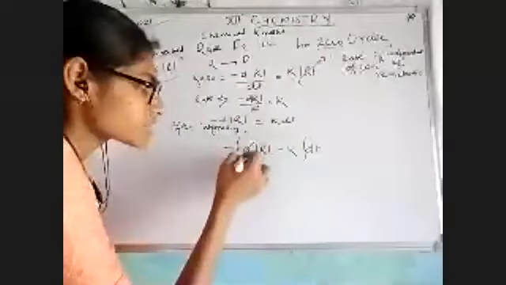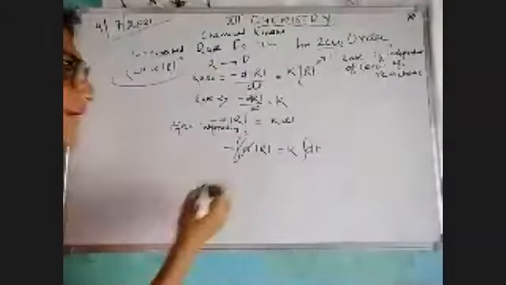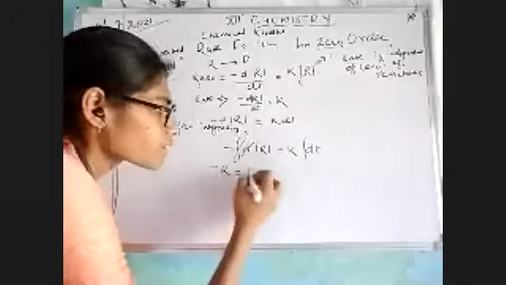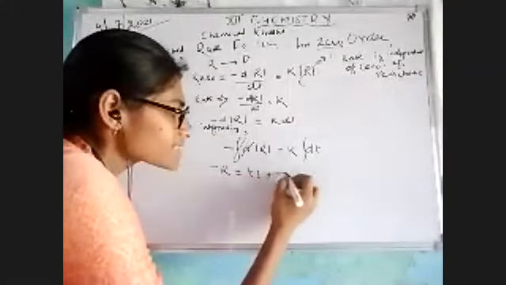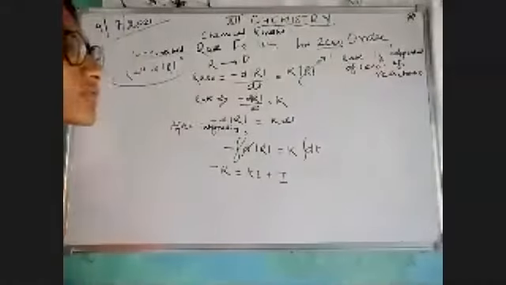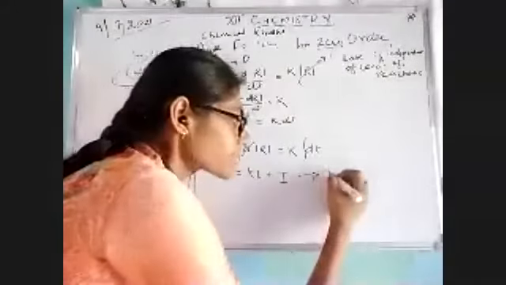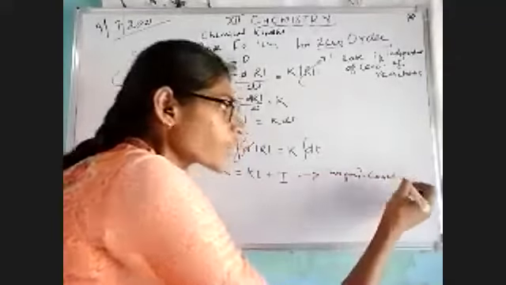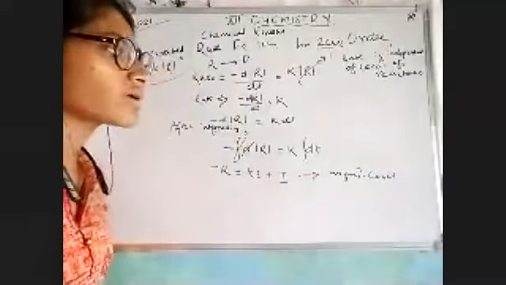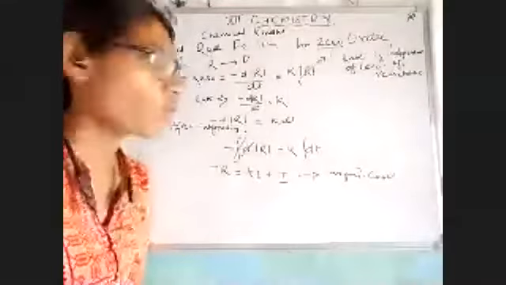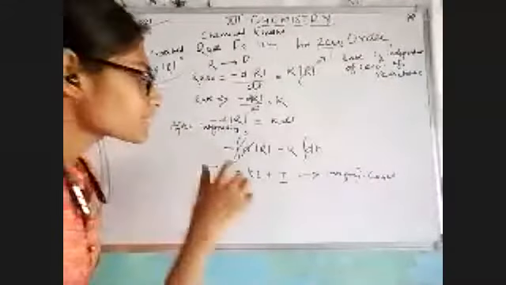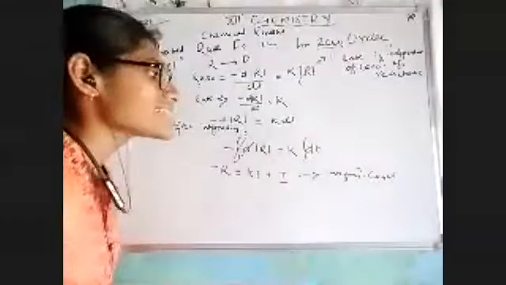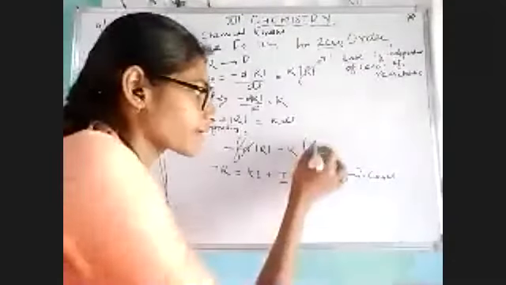The integration and d would be cancelled out, and we will get minus [R] equals kt plus I, where I is known as the integration constant. This is your mathematics equation, and I hope you have understood. Those of you from a non-mathematics background, you just have to remember that integration and differentiation just cancel out each other. You only have to remember this much, okay?